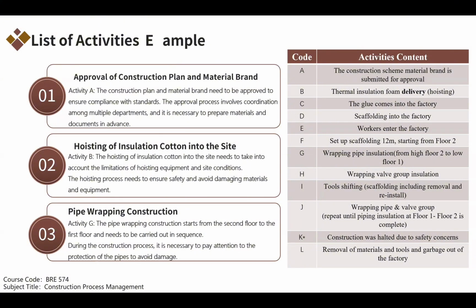Then we remove and reinstall the scaffolding. Activity J is about wrapping the pipe and valve group. It's a repeat job. We repeat this activity until the pipe insulation is complete. Activity K is that the construction was halted due to safety concerns. The last activity is to remove all the materials, tools and garbage out of the factory.